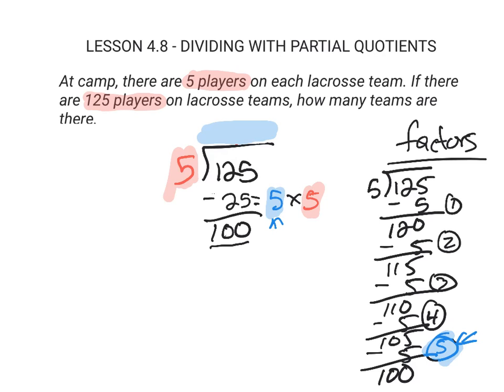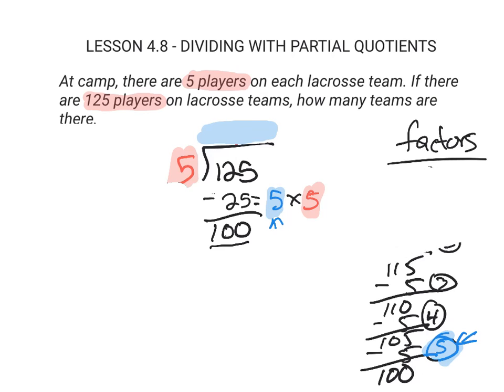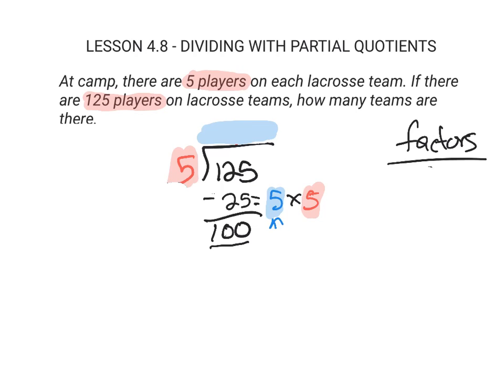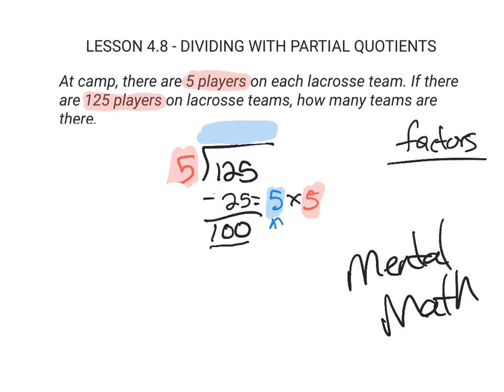That's partial quotients, right? I don't want to subtract 5 times 1 is 5 a bunch of times. So I come up with a number. This is where I think some students struggle: tell me exactly what number to use. Well, whatever number is easier for you. And remember, one of the key things we're learning in multiplication and division in Common Core is mental math.